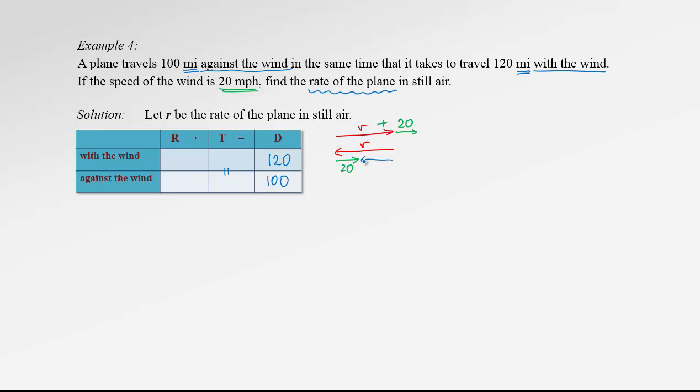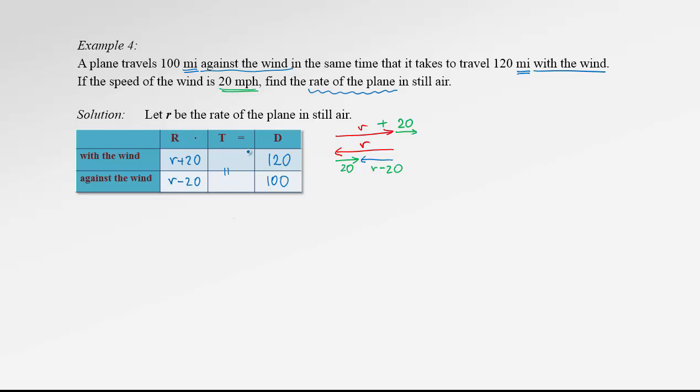It will be just this much, right? Because the red minus the green actually equals the blue. So the formula for the overall speed is r minus 20, isn't it? Okay, the rate of the plane with the wind is r plus 20, and against the wind is r minus 20. And now we have everything we need.